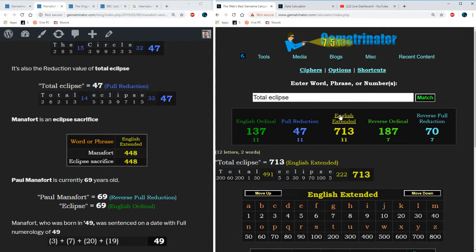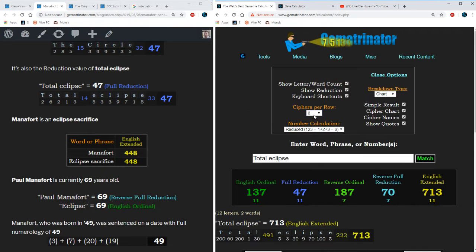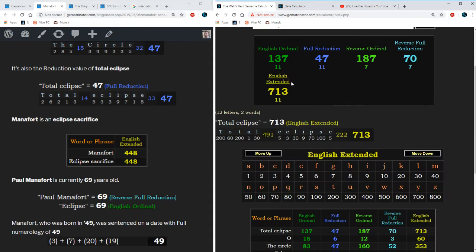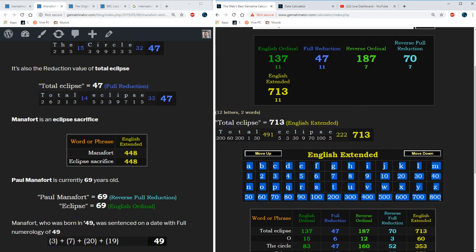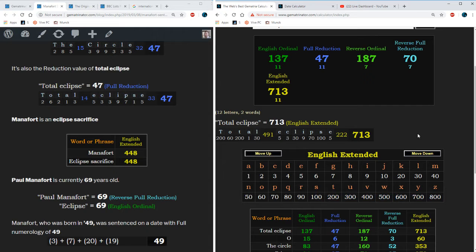Using the English extended method, this cipher, structured more similarly to Hebrew Gematria and Greek isopsephy, you'll see here the alphabetic order is the same, but instead of simply numbering 1 through 26, the numbers get amplified. So we go 1 through 9, 10 through 90, and 100 through 800.